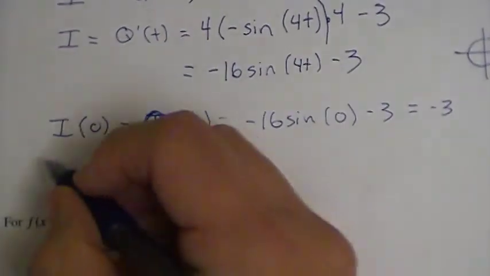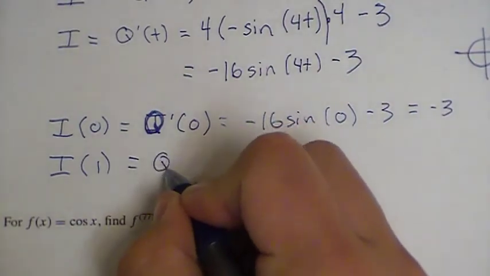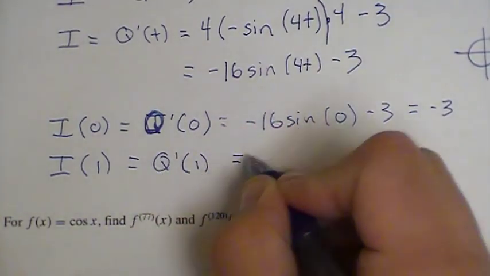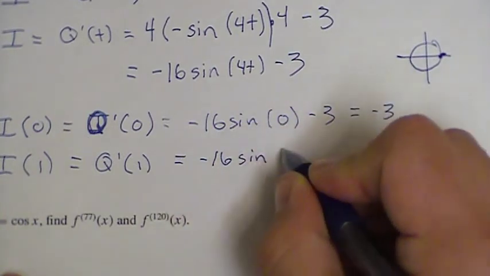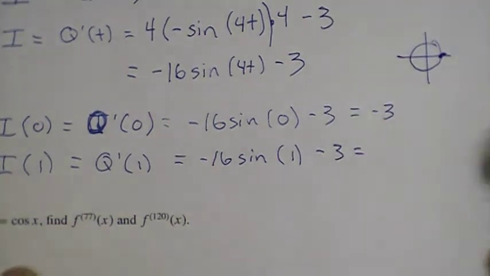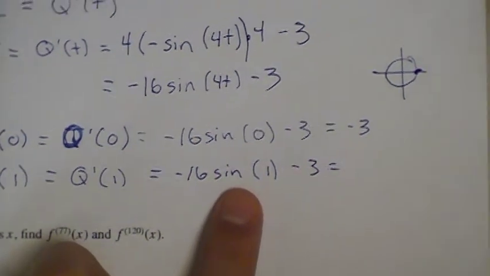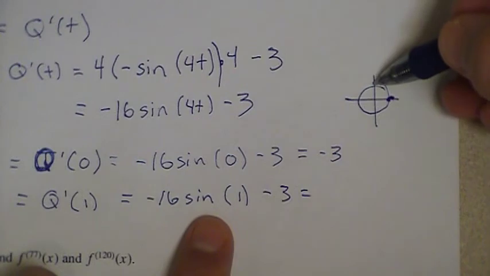If you try to evaluate the current at 1, you're going to run into a little bit of an issue if you're trying to do this without a calculator, only because this isn't going to be a nice angle when we try to locate it on the unit circle. Sine of 1, if you go to the unit circle, this is 0, this is pi by 2, which is about 1.57, so 1 is going to be somewhere up in here.